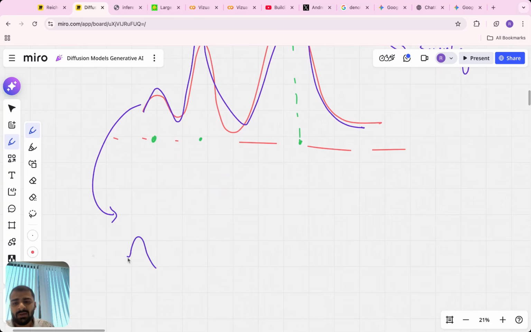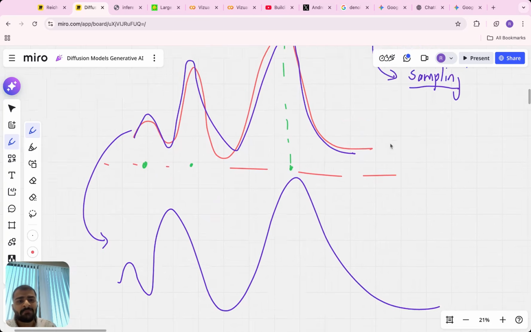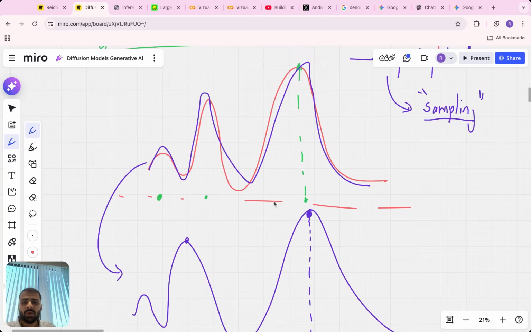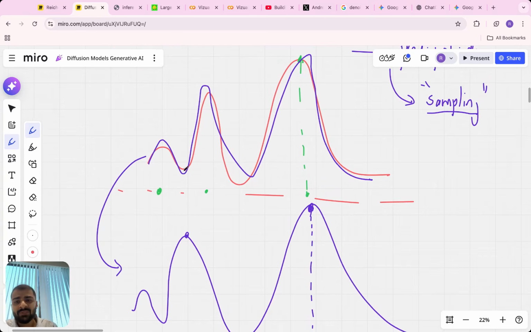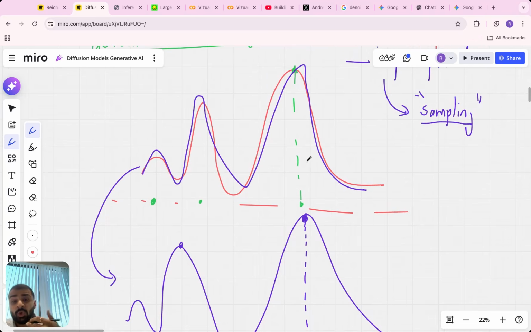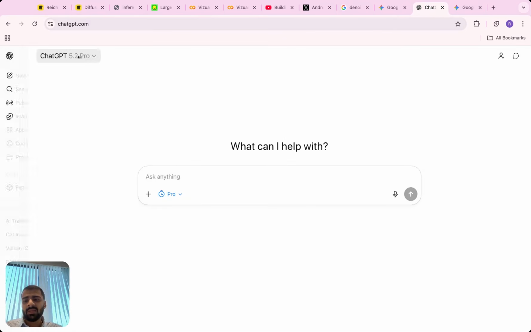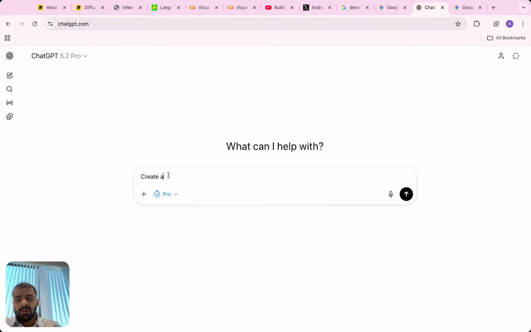If the predicted probability distribution looks like this, and we sample from it, naturally we'll sample those points with higher probability, right? So we'll get points which definitely look like Chinese symbols, because this purple probability distribution is close to the red probability distribution. So when you look at ChatGPT and you want to create an image, let's say, create an image of a Chinese symbol.